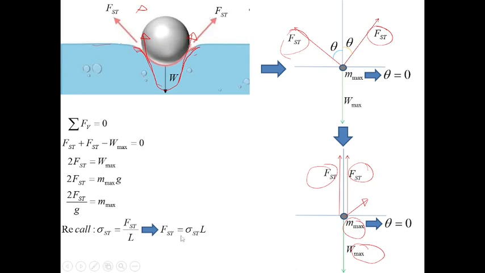No? Surface tension coefficient and the length. So, the maximum mass now, in terms of surface tension and length, so 2 times the coefficient of surface tension times the length over g. So, ito, na-converted ng ganito. Okay?